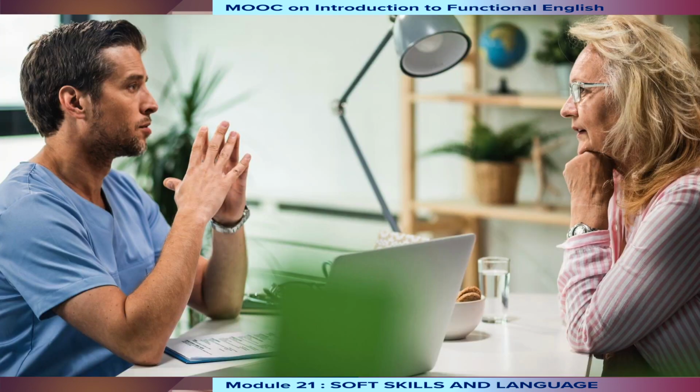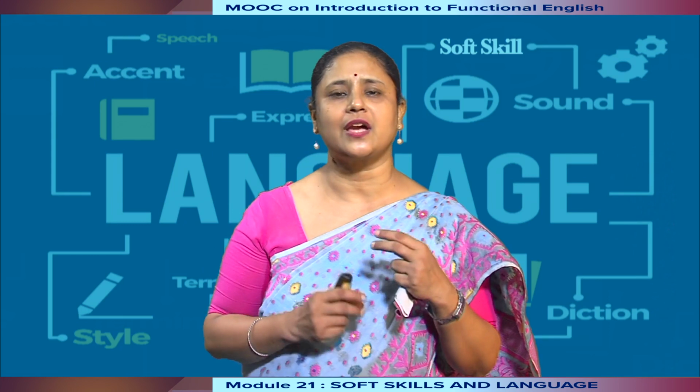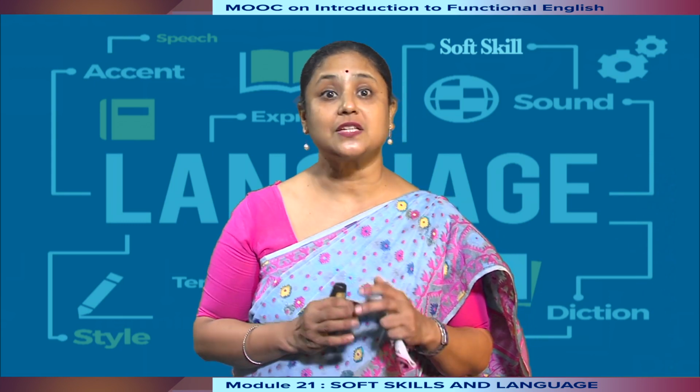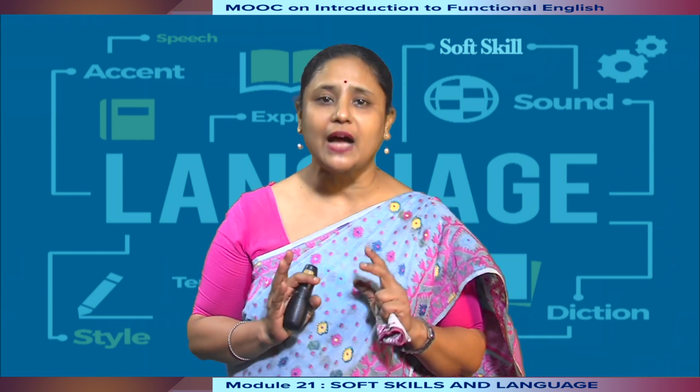Thirdly, eye contact. It would be extremely impolite to not look at the person to whom you are trying to say something. When you're trying to speak, when you're trying to strike a conversation, it is very important that you have eye contact.